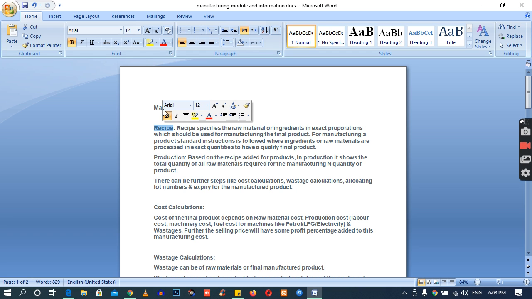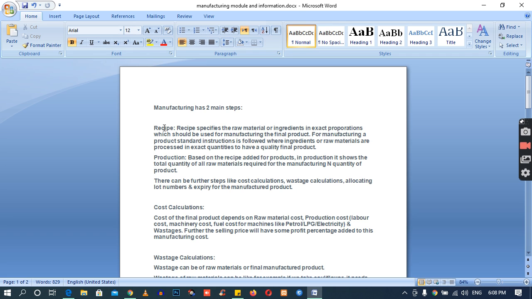Manufacturing actually has two main steps. Number one is the recipe and number two is the production. The recipe means something like a computer is a recipe and 10 computers is a production. A recipe consists of some ingredients.